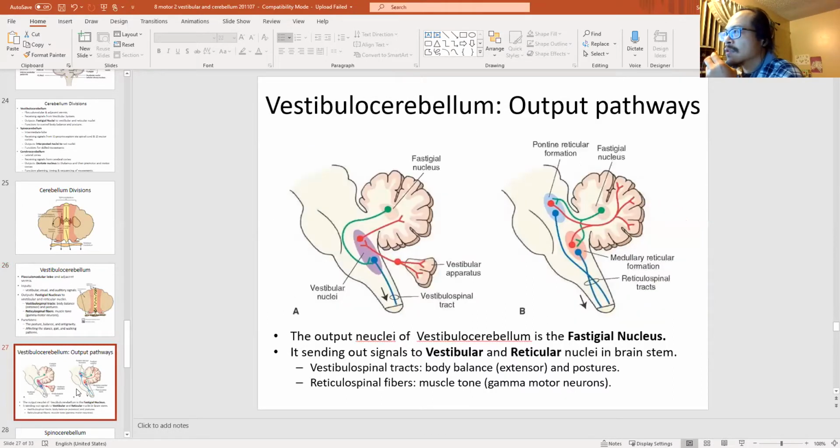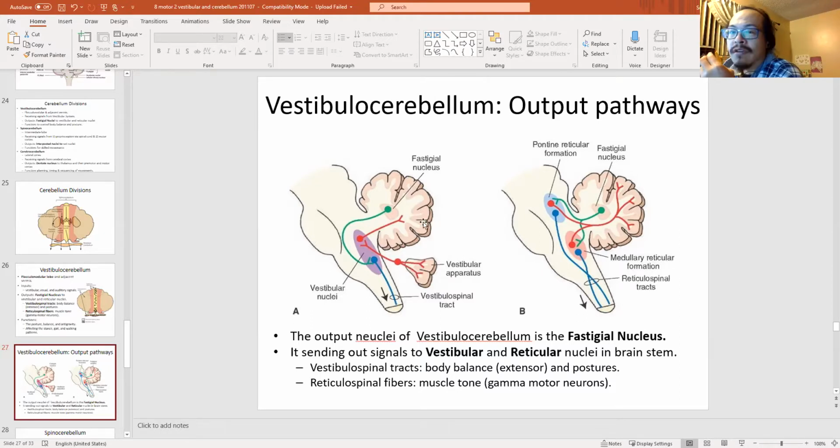So this one just shows you a figure of the output pathway of the vestibular cerebellum. We do have the input pathway here. The input pathway is from the vestibular apparatus to the vestibular nucleus to the cerebellum.